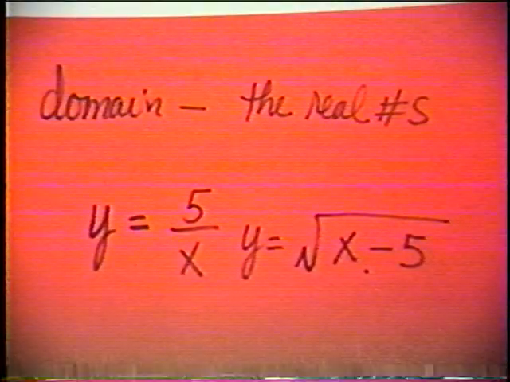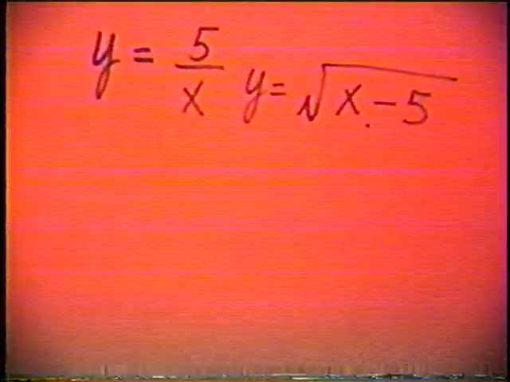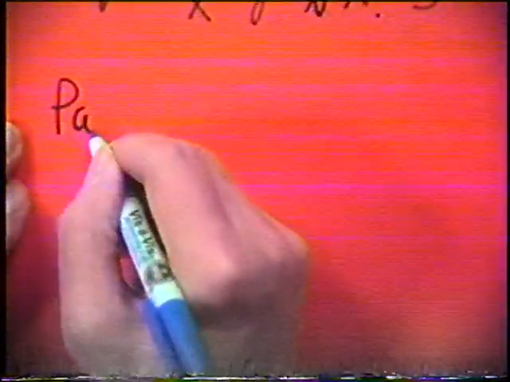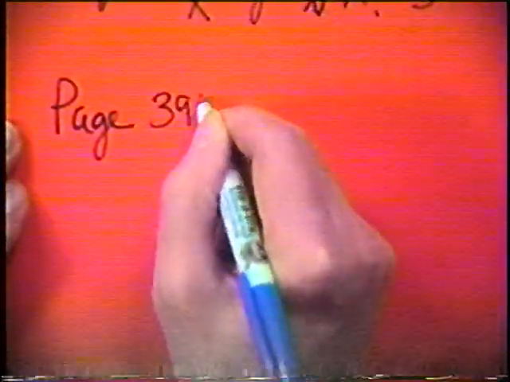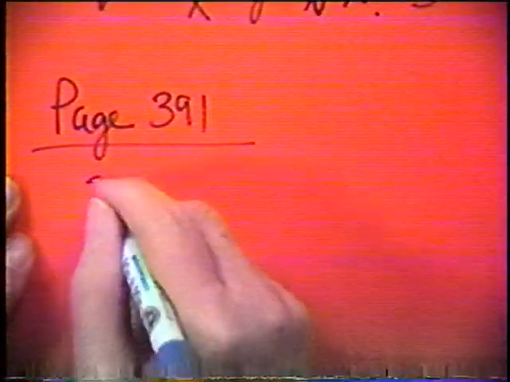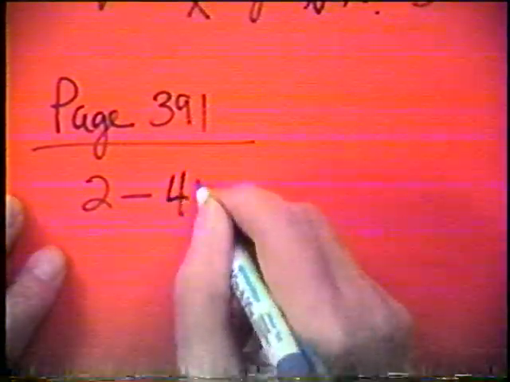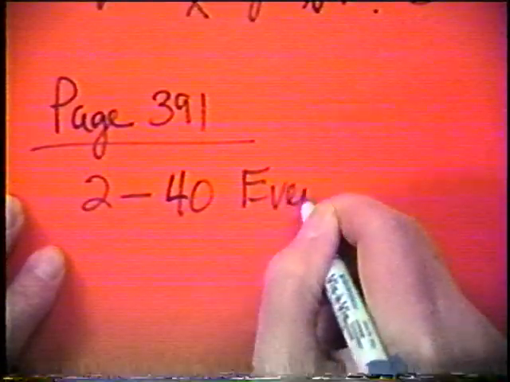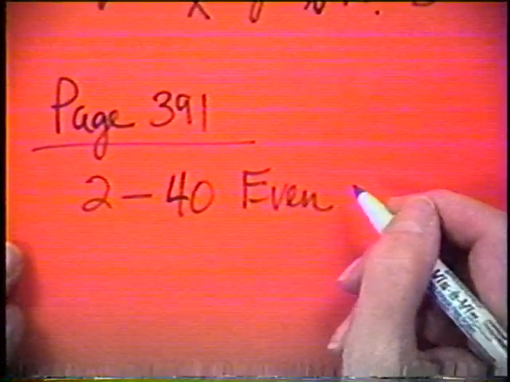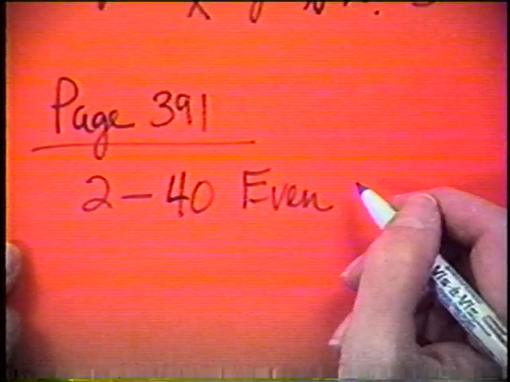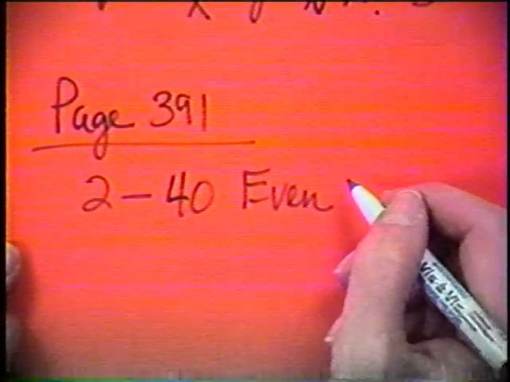So then your assignment, this is on page 391, and we'll start with number 2 and go through 40 even, and then we're going to skip down to 50 and do 50 and what?